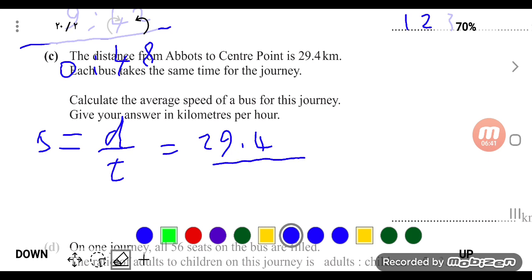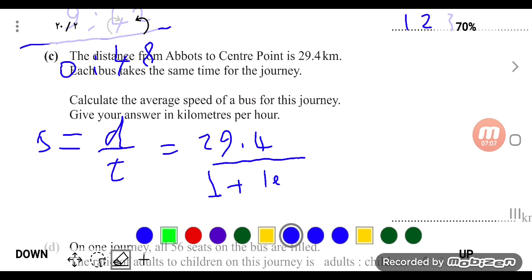Now, how do you find the time? Each bus takes the same time for the journey. If you look at the table, from Abbott to Center Point, from 6:50 to 8 o'clock, this will be 1 hour and 10 minutes. So you can write 1 hour plus 10 minutes.